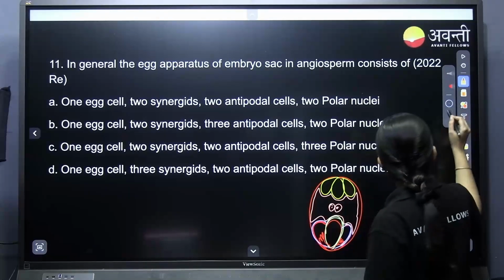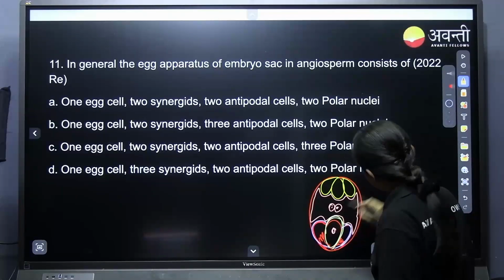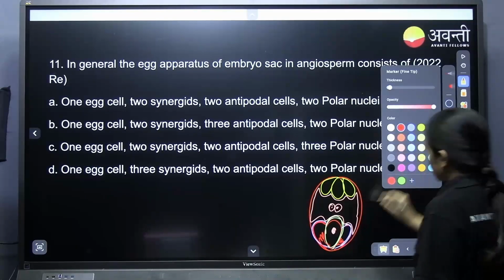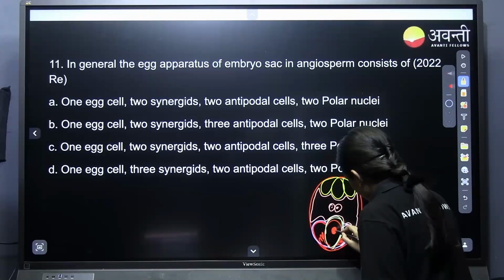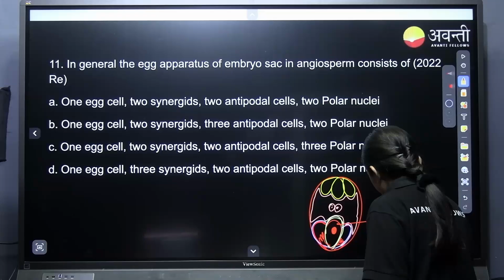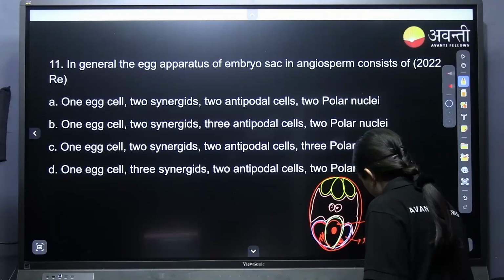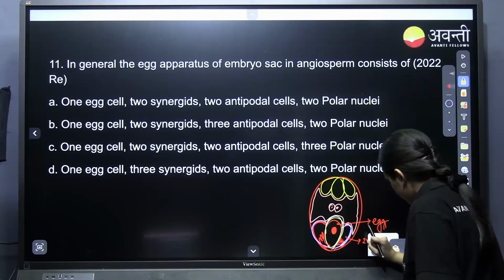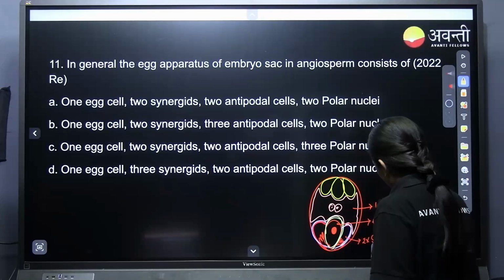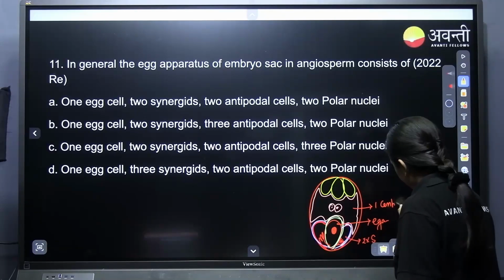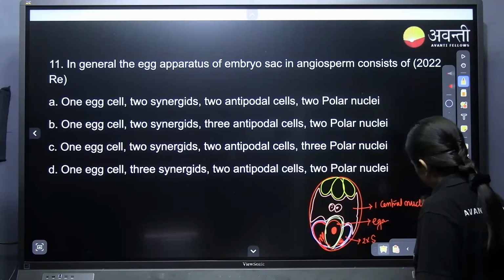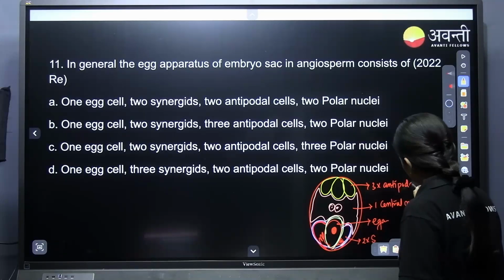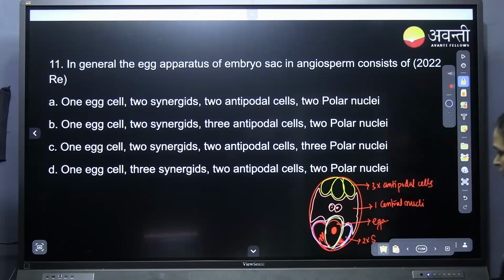So we have one egg, 2 synergids, one large central cell and 3 antipodal cells. This will be there in the embryo sac.